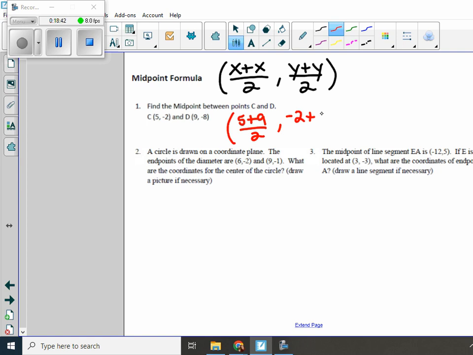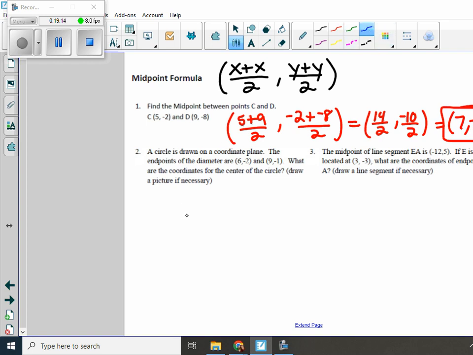Negative 2 plus negative 8 over 2. All right, 5 plus 9 makes 14 divided by 2, and then what about negative 2 plus negative 8? Negative 10 divided by 2. So what's the final midpoint? 7 and negative 5. Okay, so this is halfway between C and D.